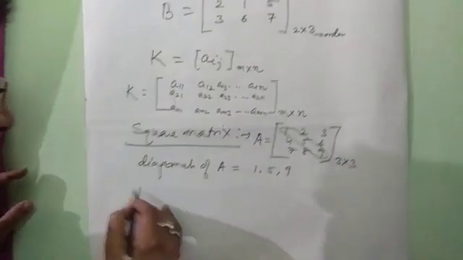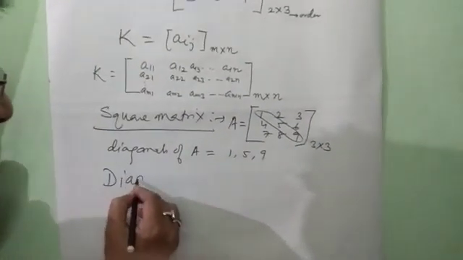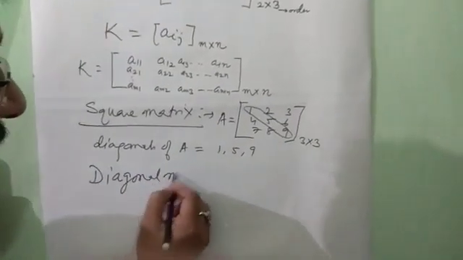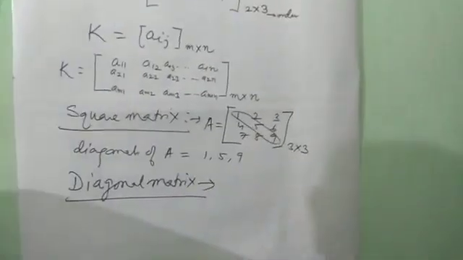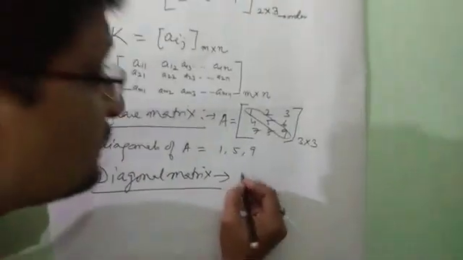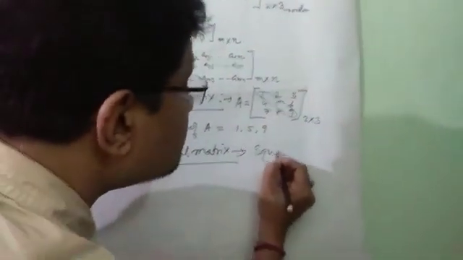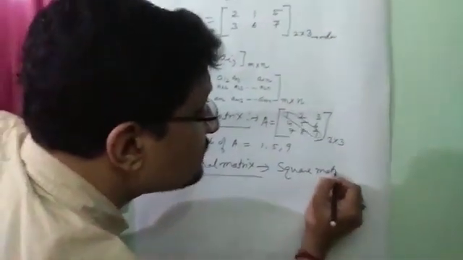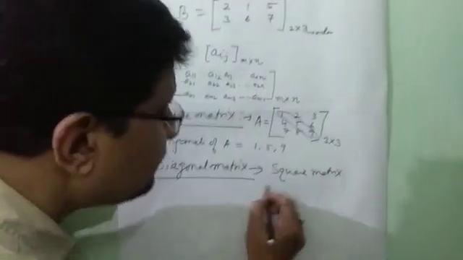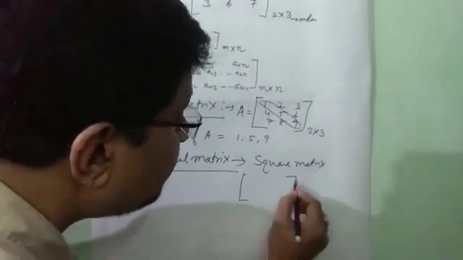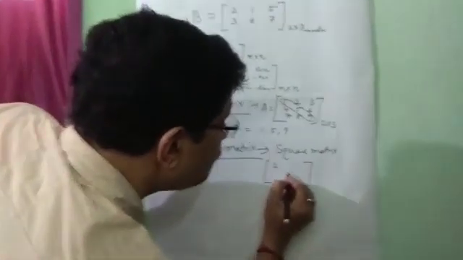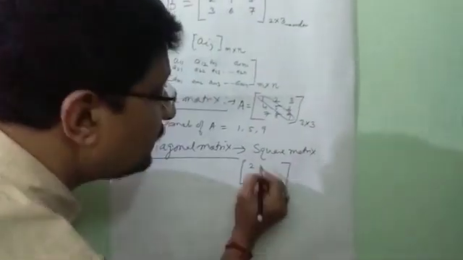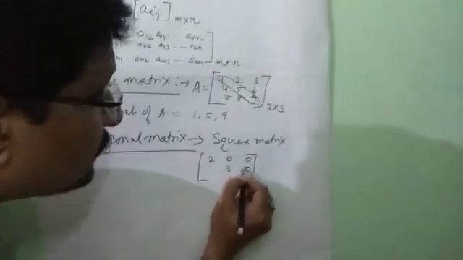Now, what is a diagonal matrix? It is a square matrix, that means the order is the same, where the non-diagonal elements are 0. Suppose here 2, 3, 4 are the diagonal elements and the rest are 0.